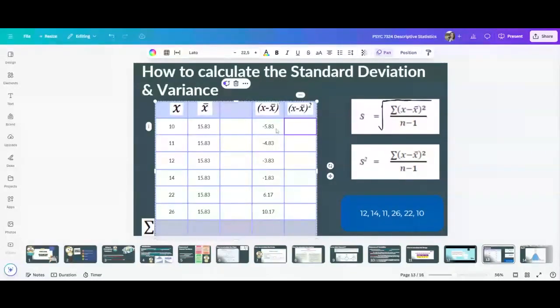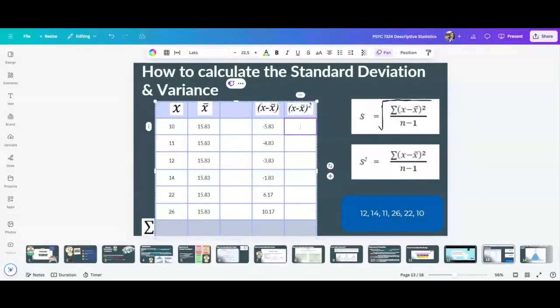Okay, so what we're going to do now is take this column and square these numbers. Anyone who might have forgotten, what you do essentially when you're squaring a number is you're timesing it by itself. So if you don't have a scientific calculator on you, you can do that with a regular calculator, right? You'd go 5.83 times 5.83, etc. Okay, so let's work this out.